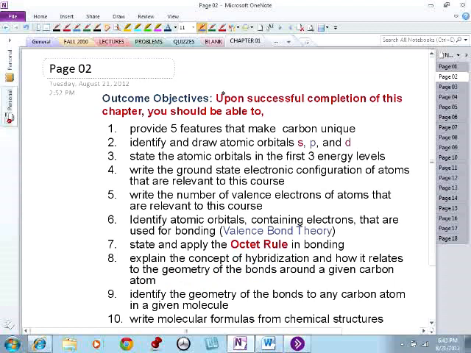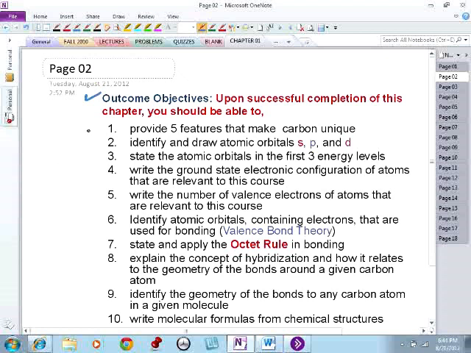Now, for each chapter that we discuss in class, there will also always be a page that is generally titled Outcome Objectives. This is a very useful page indeed. What this does is to let you know those concepts that you should master at the end of each chapter.